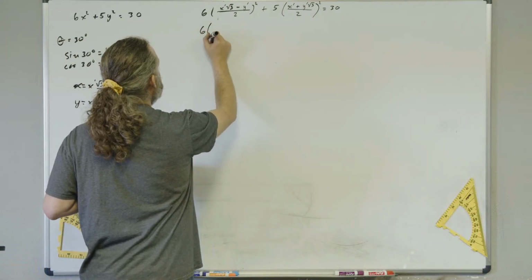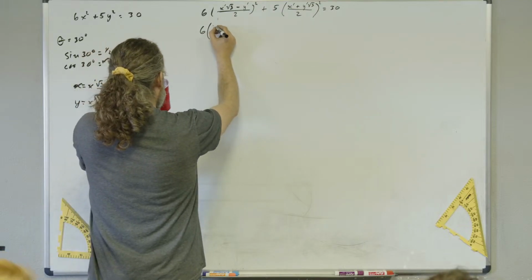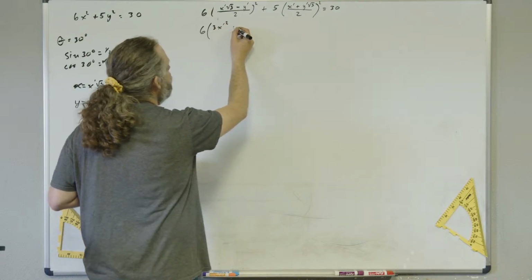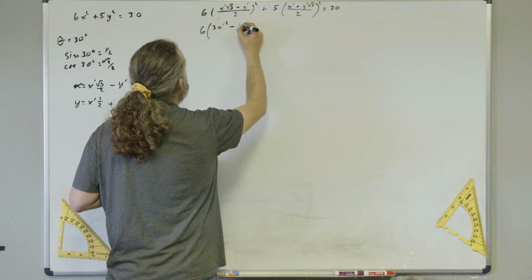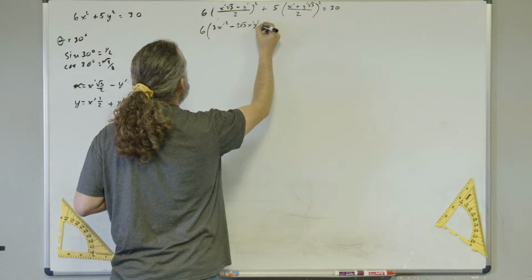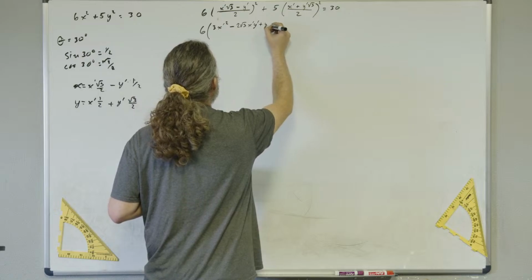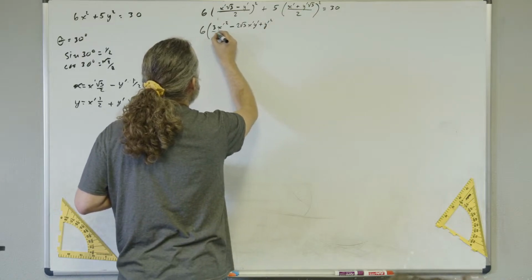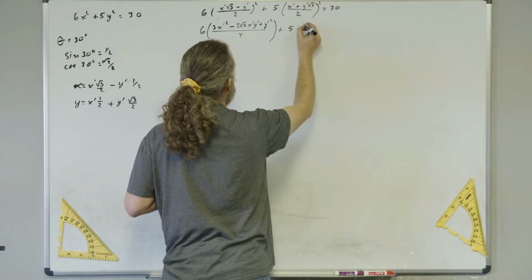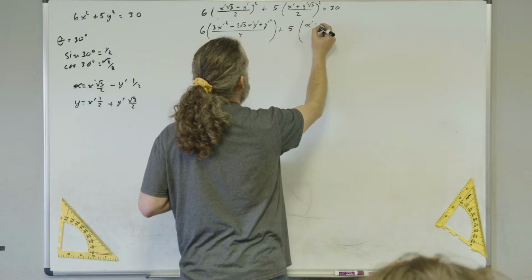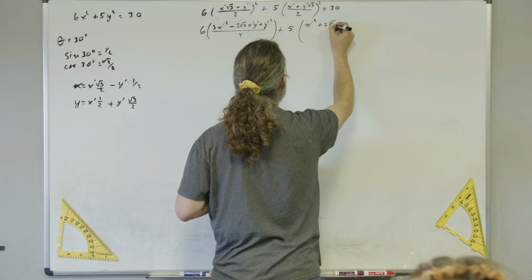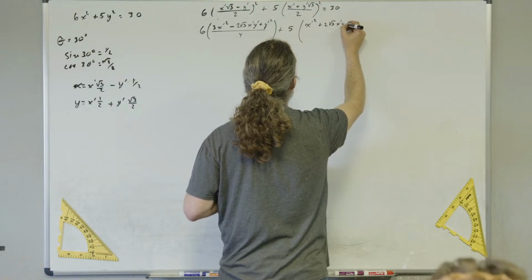So 6 times 3x prime squared minus 2 square roots of 3x prime y prime plus y prime squared, all over 4, plus 5 times x prime squared plus 2 square roots of 3 x prime y prime.